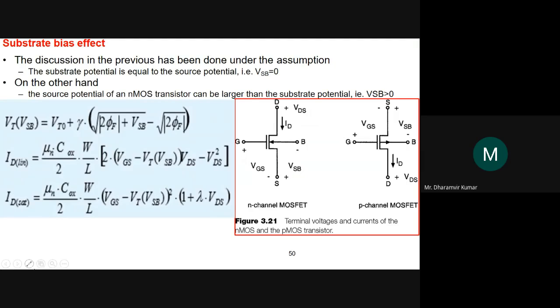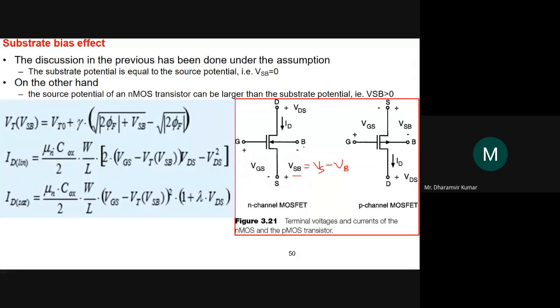So you know this thing that VSB will be equal to VS minus VB, and hence the polarity is taken positive for source and negative for body for calculating VSB.